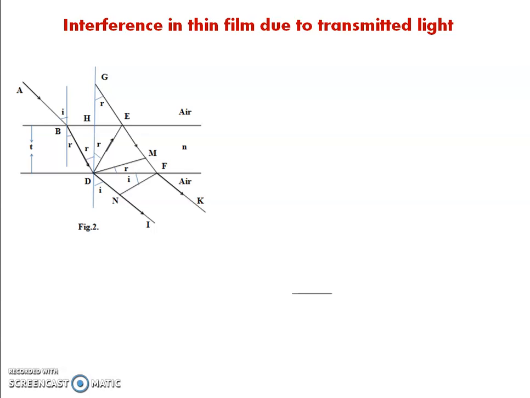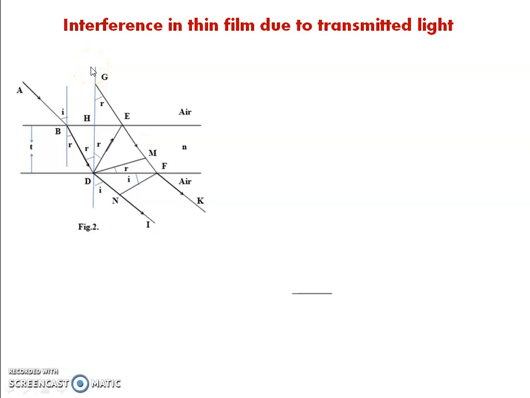Here also it is partly refracted along BD. The angle of refraction is r. At point D, it is again partially reflected along DE and partially refracted along DI, producing FK and DH.